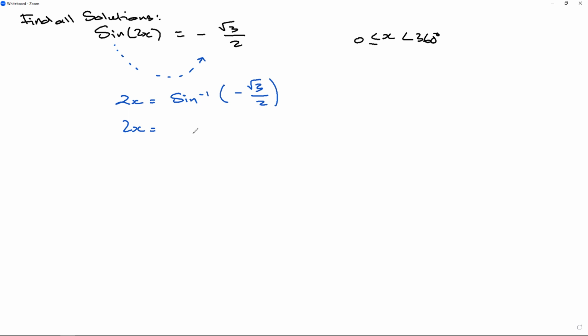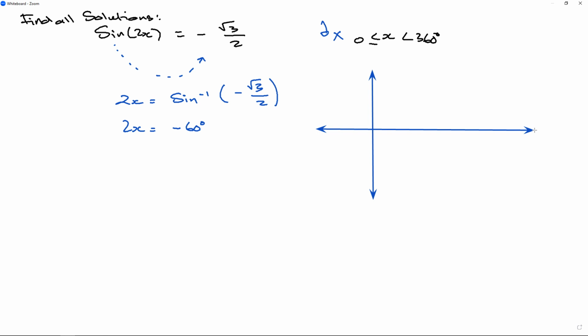So shift sine negative root 3 over 2 comes to negative 60 degrees, which is outside our frame because it would lie here somewhere. So what we have to then look at is the concept of the sine curve and what it has in store.